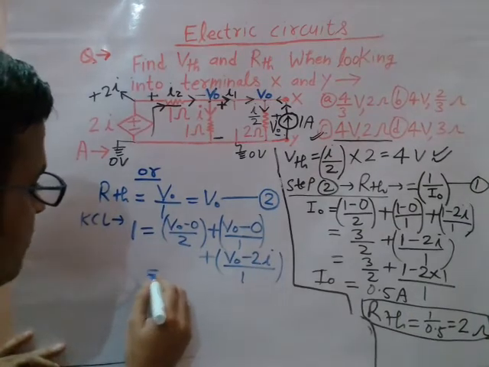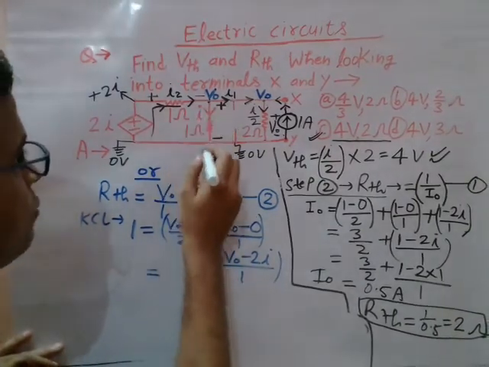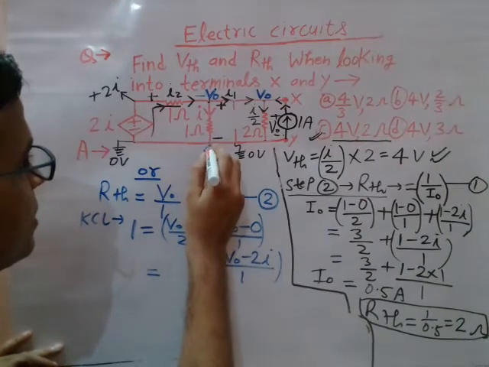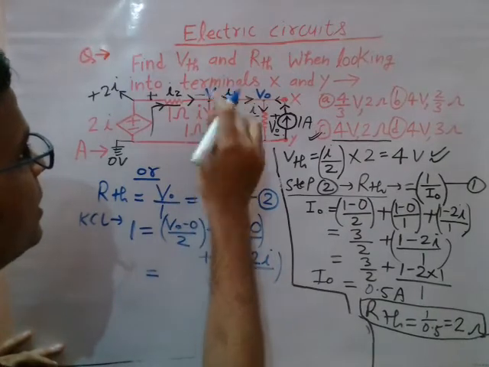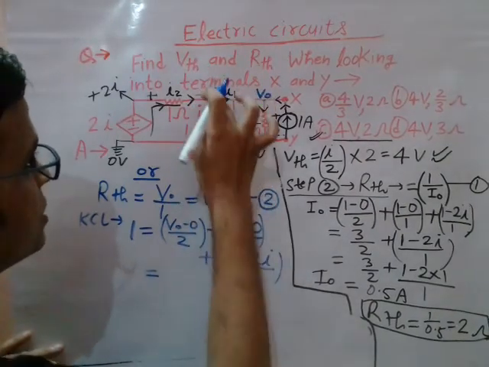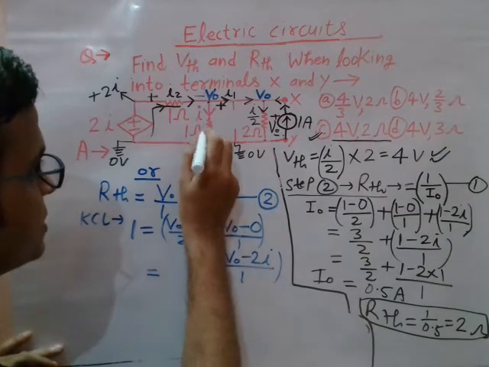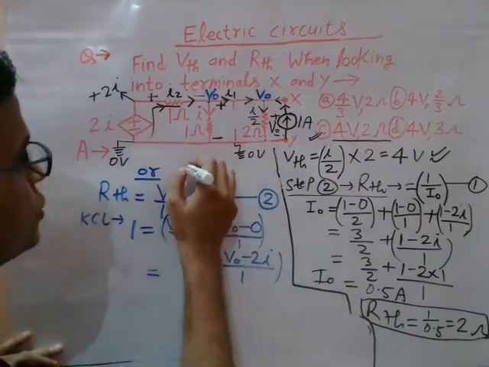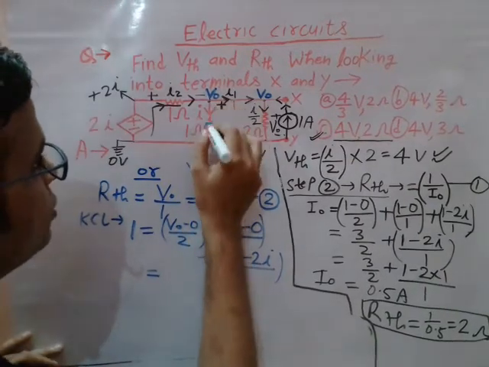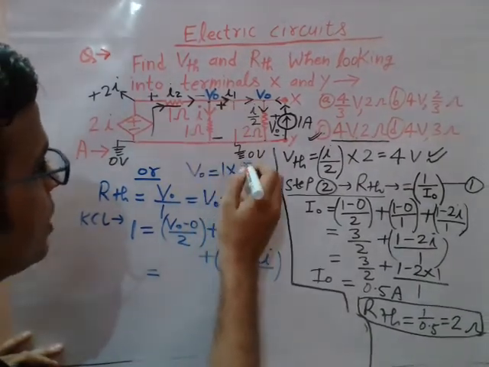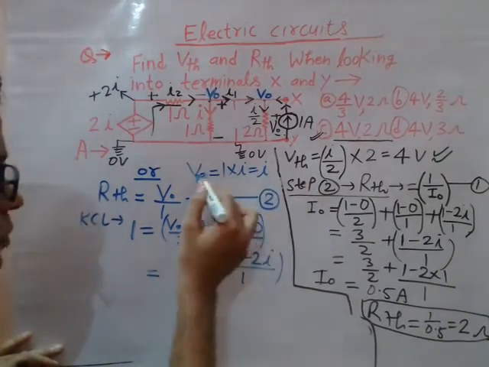This voltage with respect to ground, V0, will be equal to current I multiplied by this resistance, I into 1. So in place of I you can put V0.